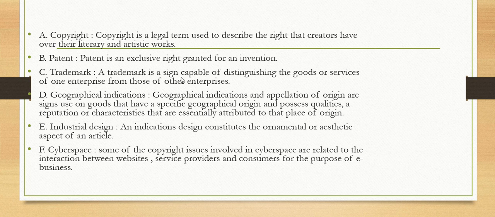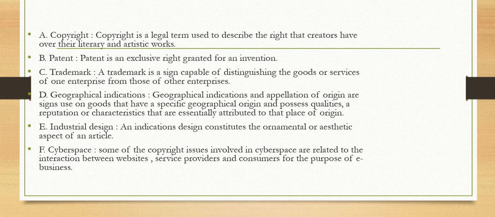Trademarks. A trademark is a sign capable of distinguishing the goods or services of one enterprise from those of other enterprises. Examples can be Nestle, Cadbury, Google, Walmart, Microsoft. When you look at these trademarks, obviously the cost and the quality of the goods will be very high.